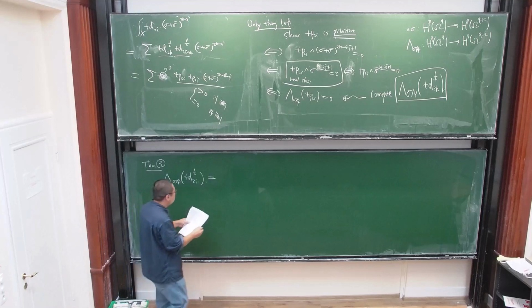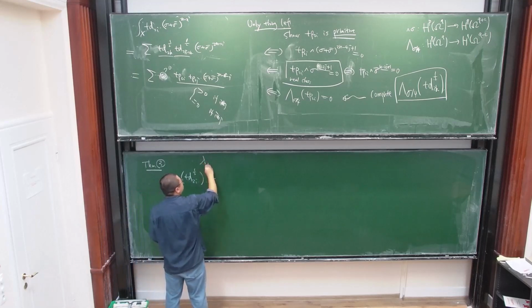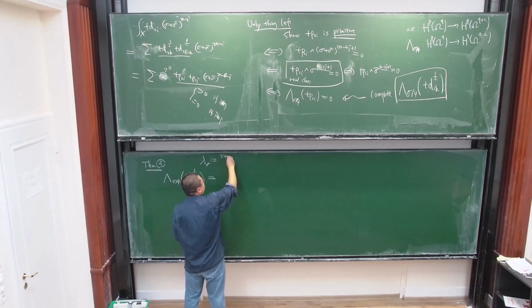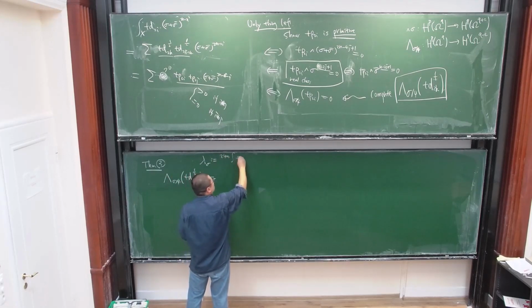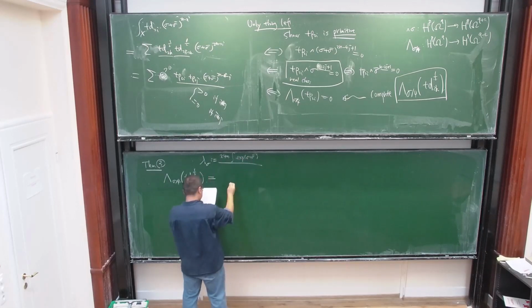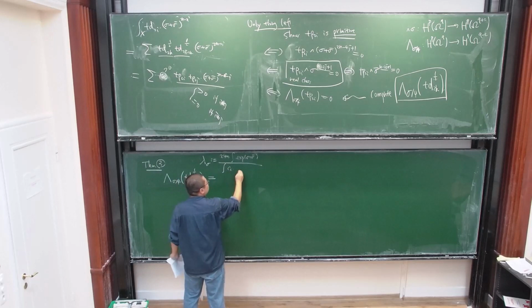I'll denote lambda sigma to be, this is a number, 24n times the integral of sigma plus sigma bar over this, C2.